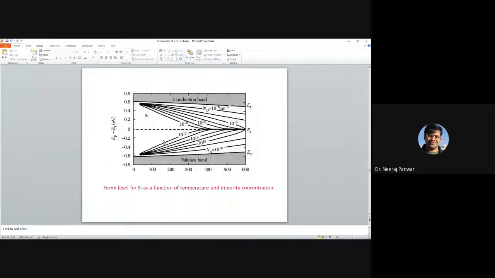Therefore, we require more temperature to make this n-type semiconductor an intrinsic semiconductor. As the concentration increases, the Fermi level is very close to the conduction band, and we require a very, very large temperature. If you extrapolate it, it will cut somewhere around 1000 Kelvin or so.